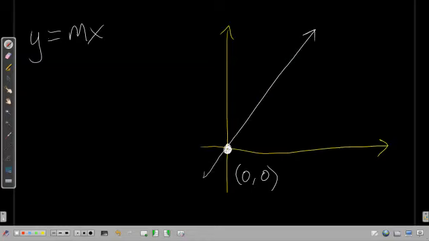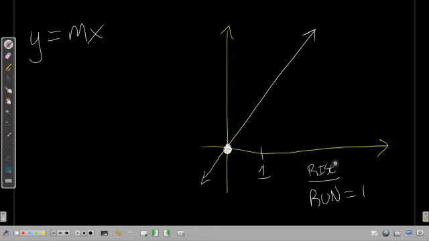And just suppose it looked like this. Then if I had a run of 1, if I said that my run was 1, then my rise would have to be m, because m over 1 is m.